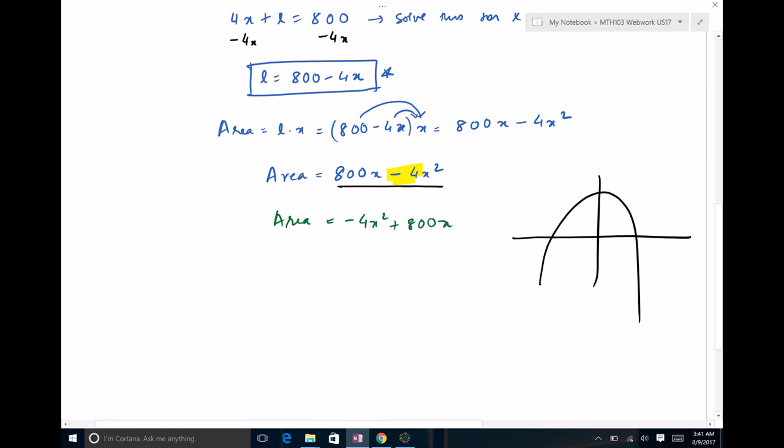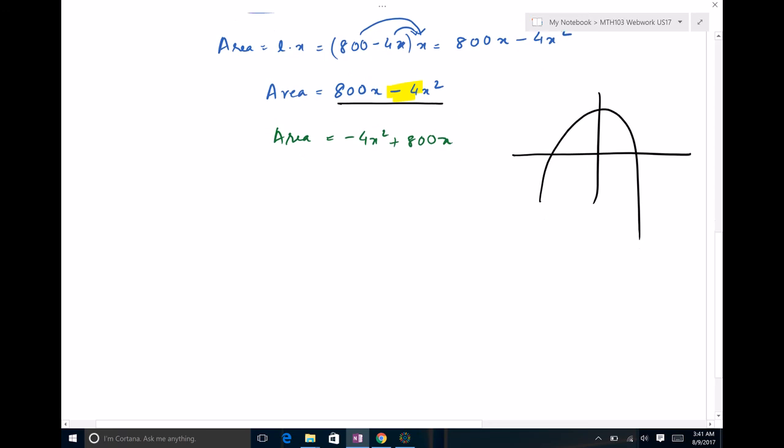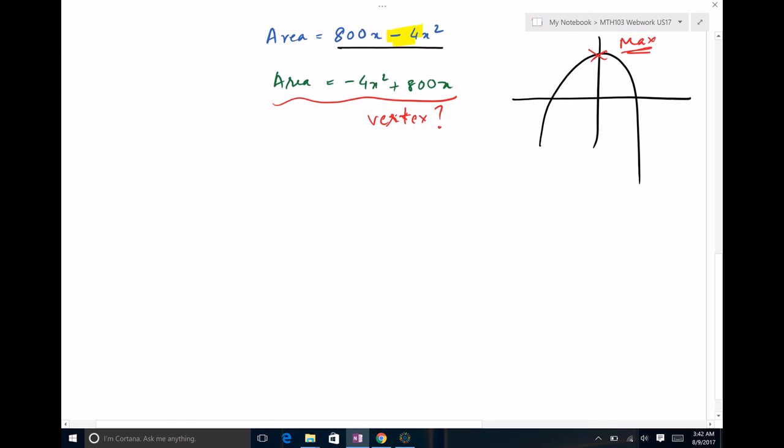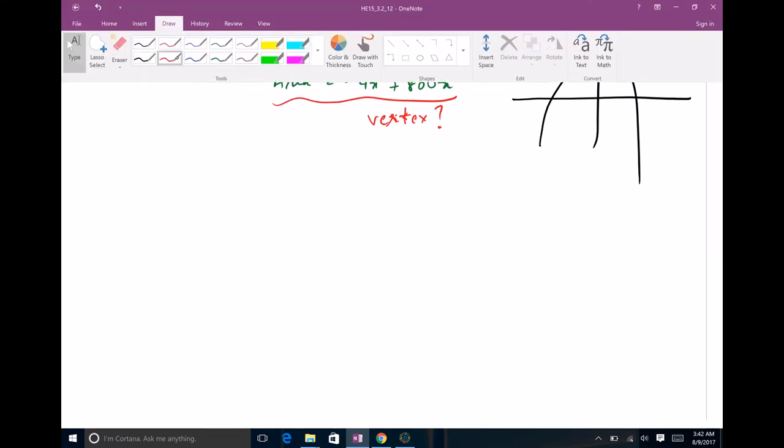I have no idea where the vertex is; this picture is for representation purposes only. Since it's a parabola that faces downwards, the maximum will occur at the vertex. So all you need to do is look at this equation of the parabola and find the vertex. Let me remind you of the formula.